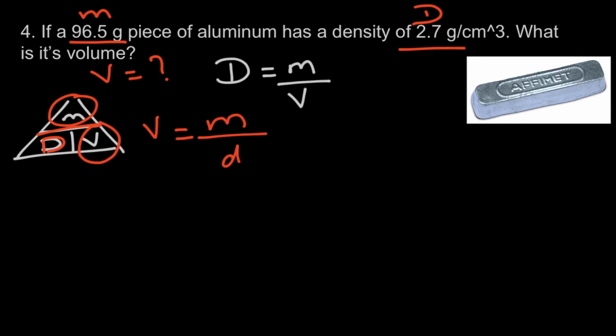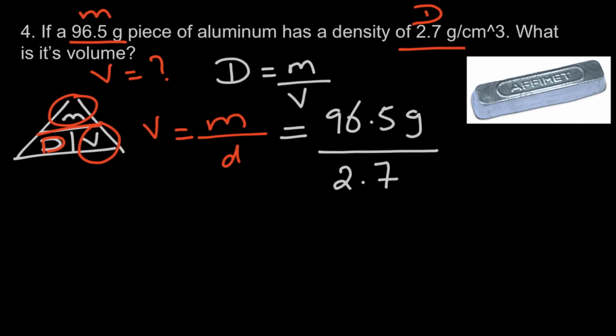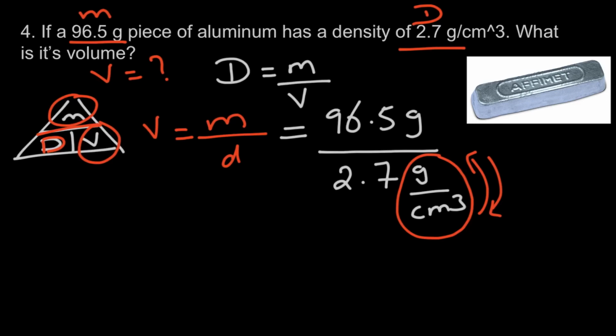We have the mass given and we have the density given for us as well. So mass is 96.5 gram, divided by the density, which is 2.7 gram per centimeters cubed. This is just similar to the conversion of units. I'm not going to go into that. All we need to do is to flip this and just put it on the top. So it will look something like this, 96.5. The unit eventually, because we're talking about volume, has to be centimeters cubed.